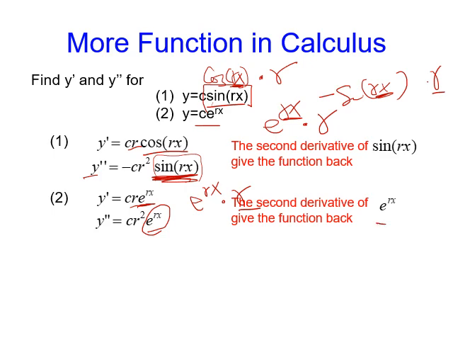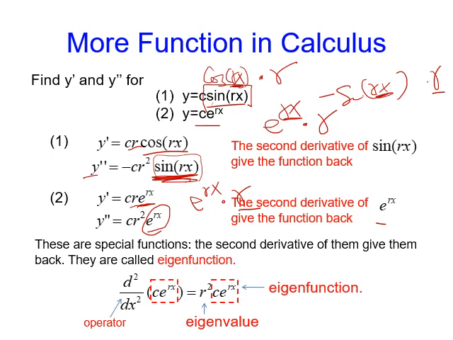So these two functions are very special in that when you take the second derivative of the function, you get the function back, times a constant R squared. So in mathematics, this kind of special function is called an eigenfunction.